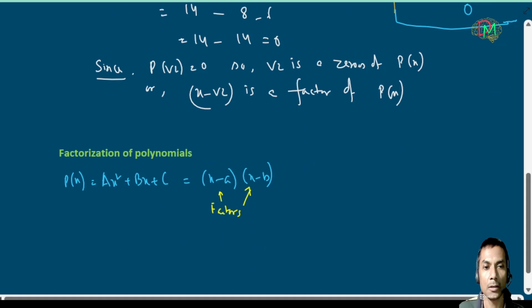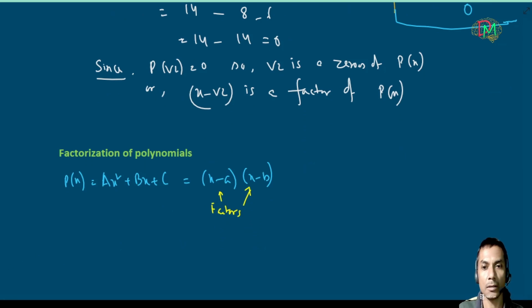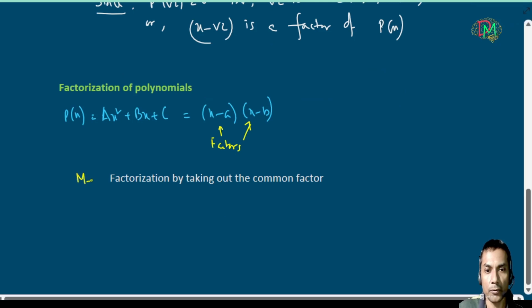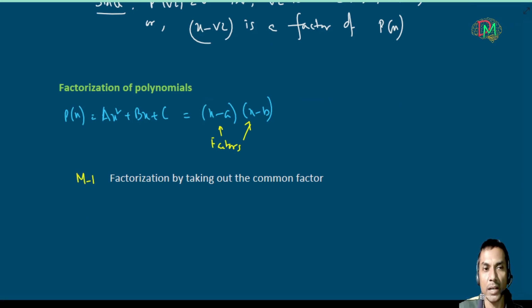Okay. Next we learn the methods of factorization. The first method is factorization by taking out the common factor. Let's take one example.